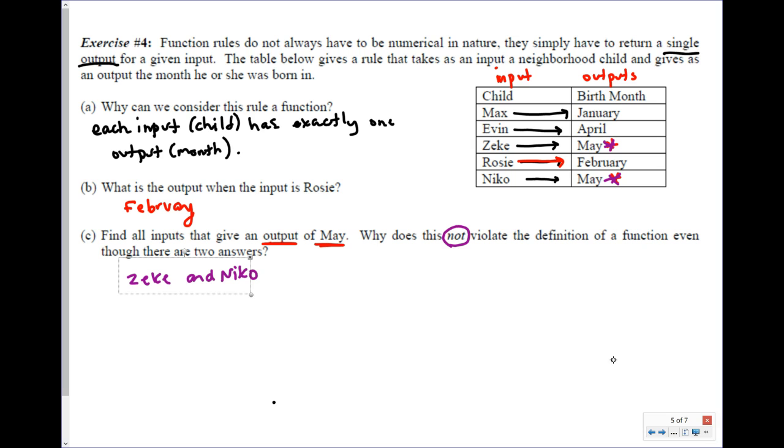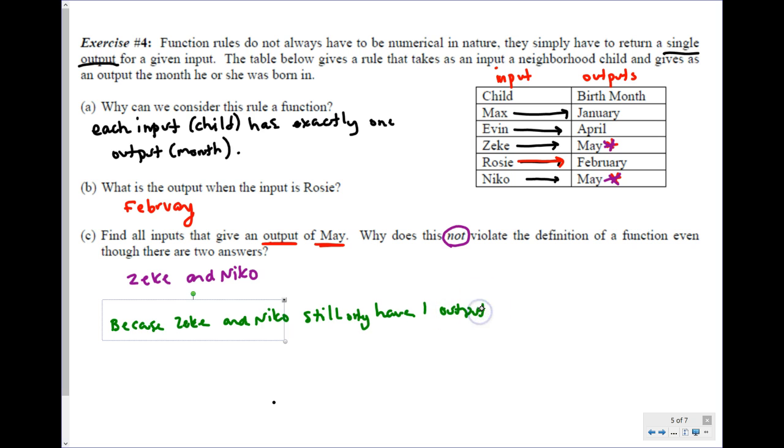The answer is that Zeke and Nico still only have one output. I need you guys to really listen to this part and write it down. It's okay that it is the same value output, meaning they're both May.